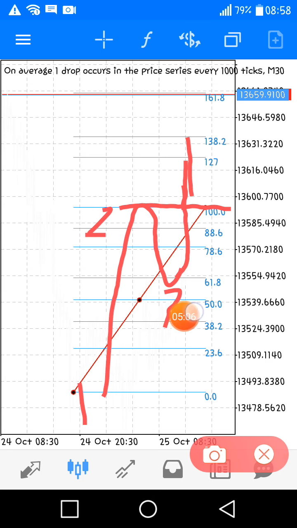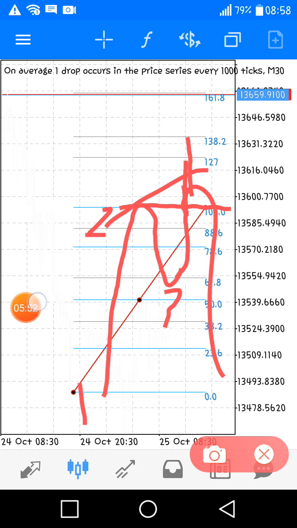If price retraces in this zone, between 61.8 and 50, and breaks out, then you take a buy. Sometimes price just makes a small move up and retraces back, so I'll be showing you how to avoid these tricks, but this is just the basics. In the next video I'll be showing you different techniques.